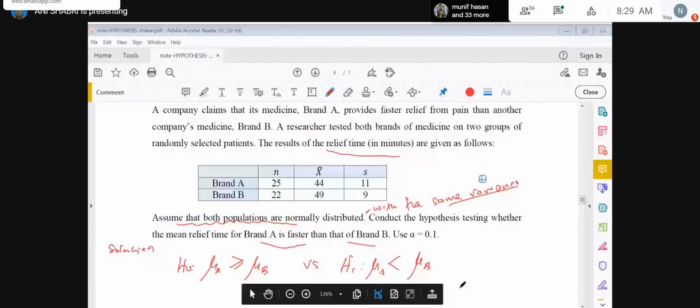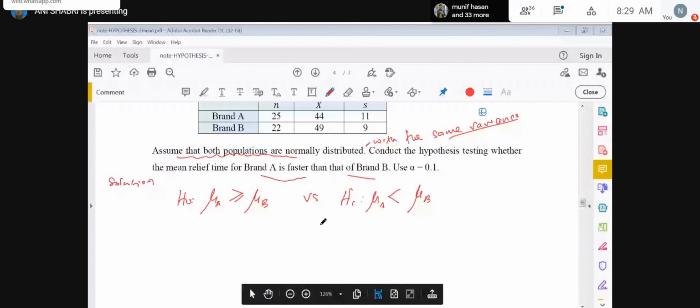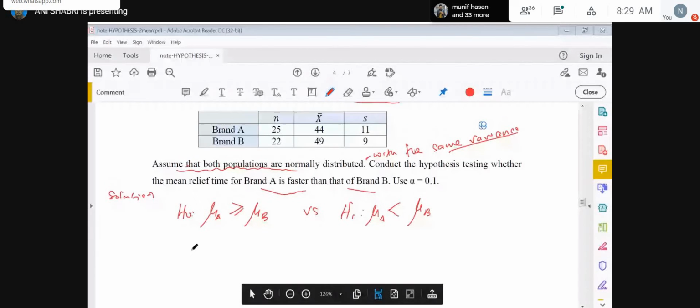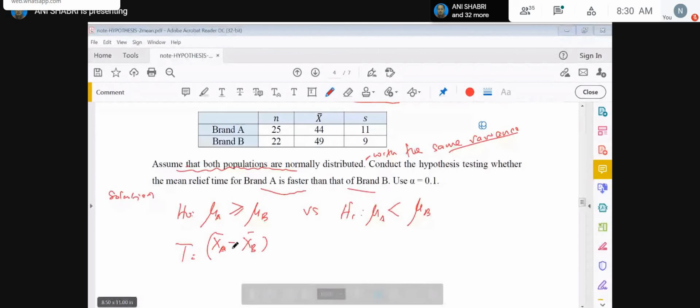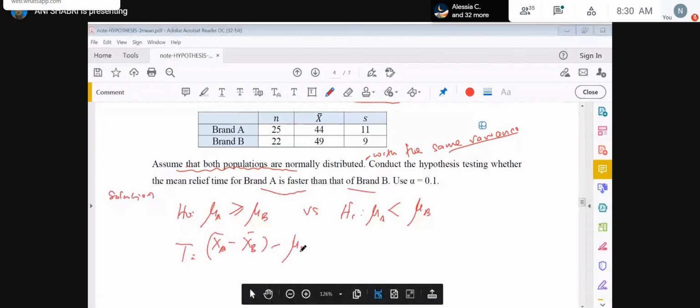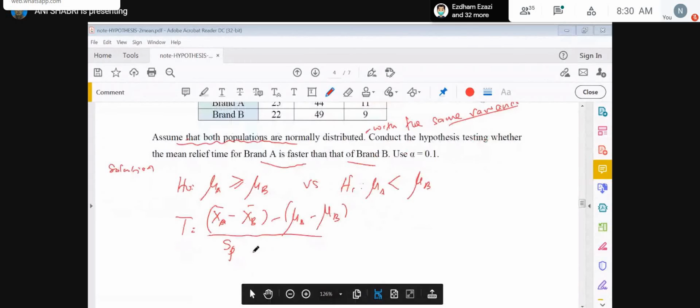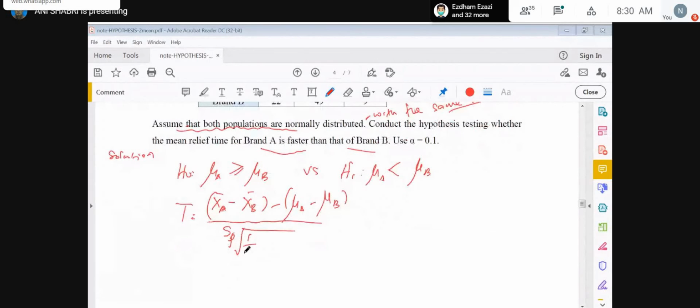After that, we must use formula number 6A, using the T distribution. The formula is X A bar minus X B bar, minus mu A minus mu B, divided by Sp times the square root of 1 divided by nA plus 1 divided by nB.